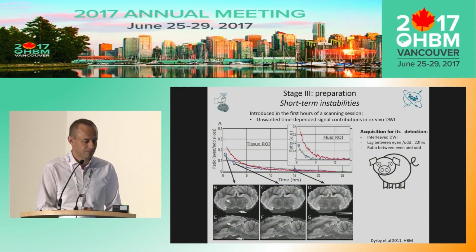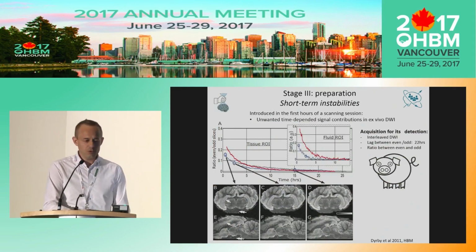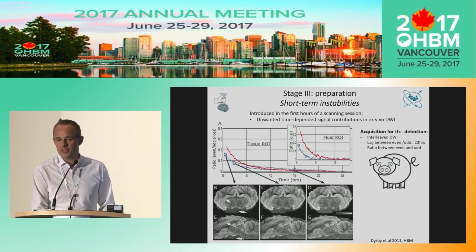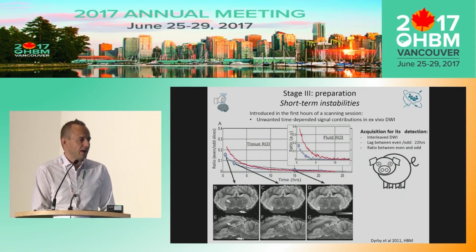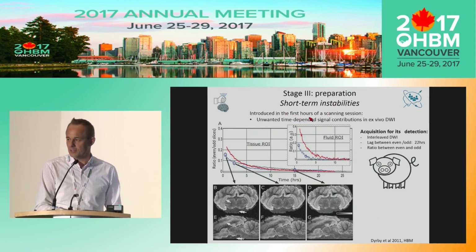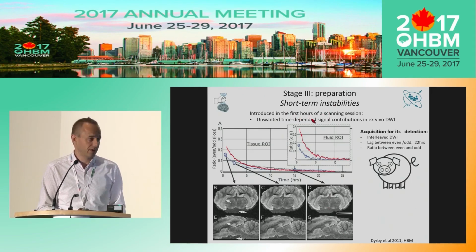So that's cool. But now that we have ensured such a mechanical setup, we need to test it, because we can introduce short-term instabilities into our acquisition. And short-term instabilities are something that only appears in the first hours of the acquisition.